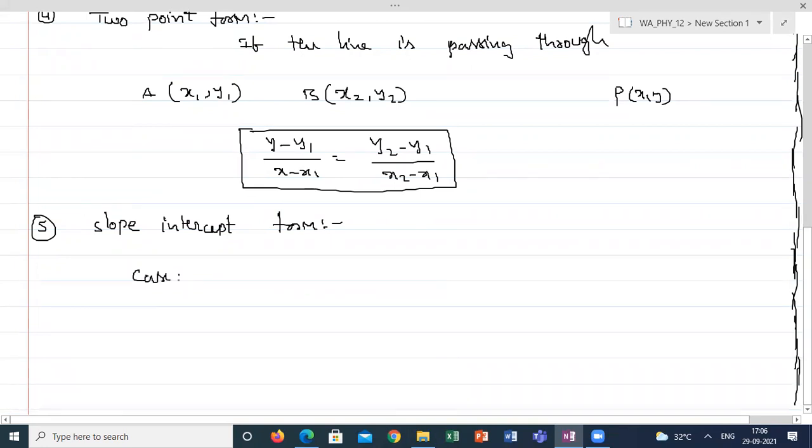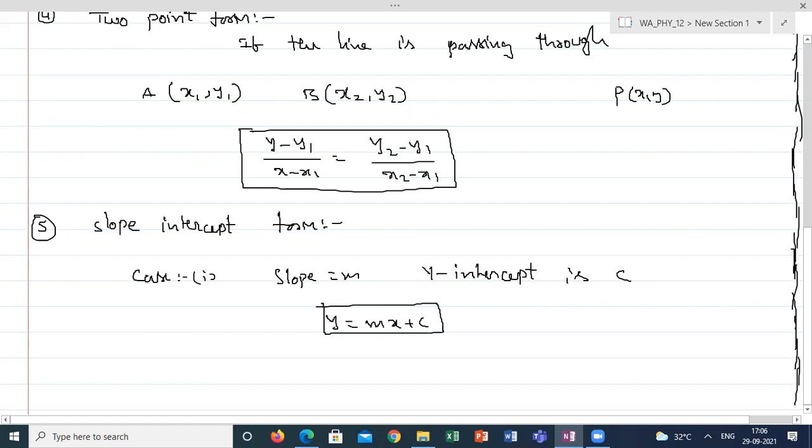Case one: find the equation of a line having slope m and y-intercept c. So y is equal to mx plus c. This is one of the important forms, because if you are able to write any equation in this format, straight away you can say whatever value is multiplying with x is the slope of that line.